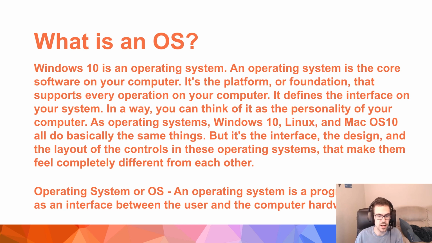There are other things underneath the hood below Windows 10, I get that, but just for the sake of illustration here, every other program that you see that gets installed, Chrome, Microsoft Office, on and on, all the programs that you install on your computer, those are installed into Windows 10. And so it's the platform or the foundation that supports every operation on your computer.